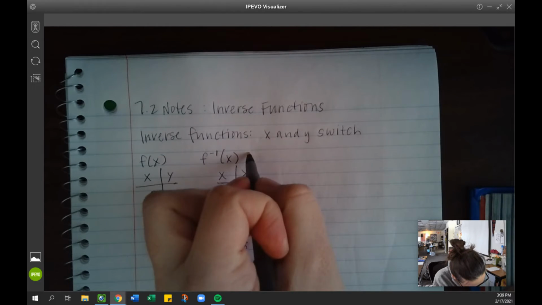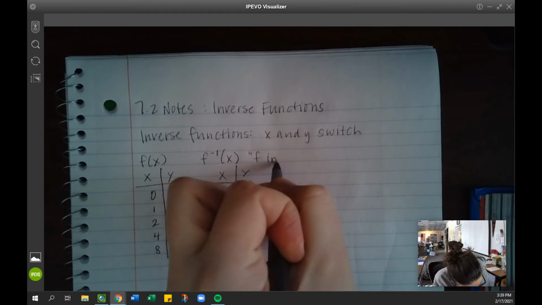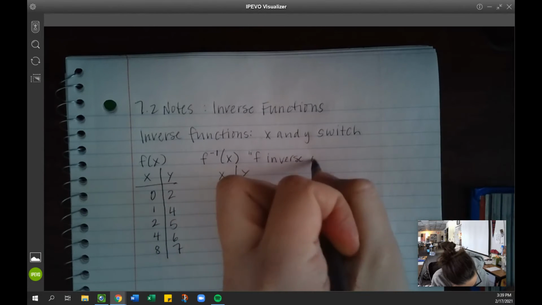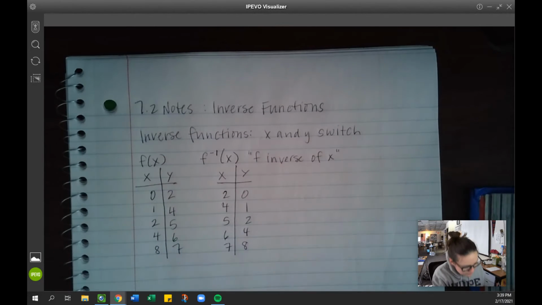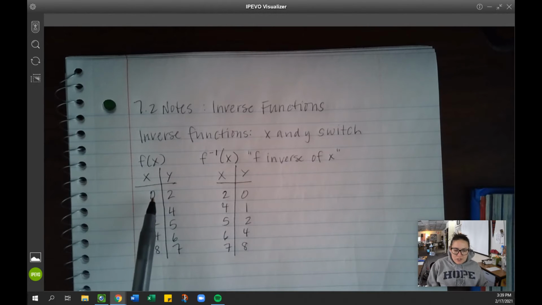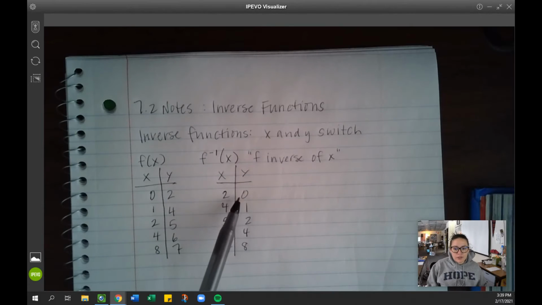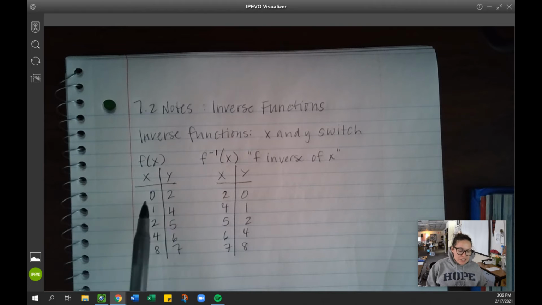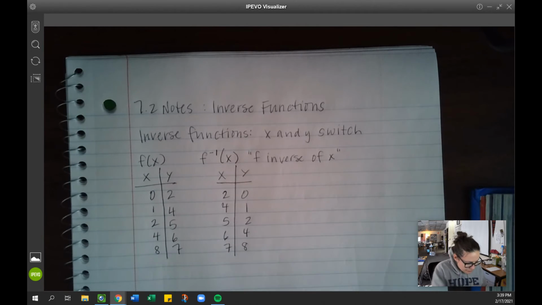So we would read this as f inverse of x. And the thing is that whatever I put into the function of f, that's what comes out of the function for f inverse. Whatever comes out of the function for f, that goes into the function for f inverse. The inputs and the outputs are switched around.